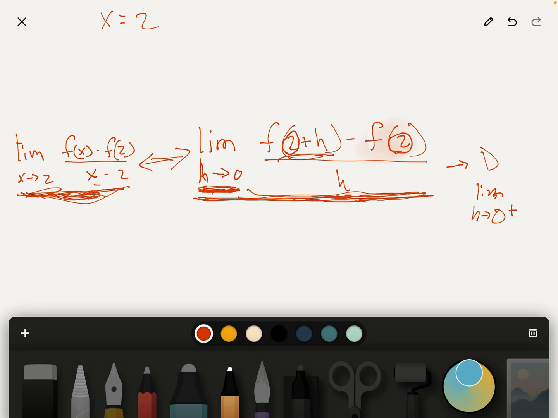And then let's look at B. Limit as x approaches 2 of f of 2 minus f of x over 2 minus x. So as you can see, what they've done is they've reversed the sign in the numerator and in the denominator.